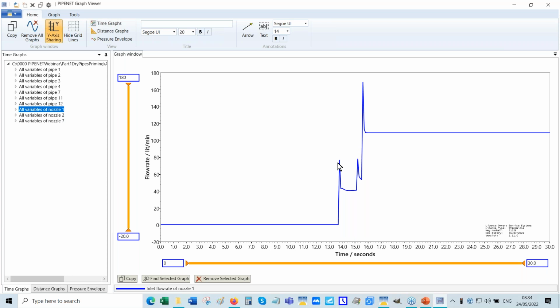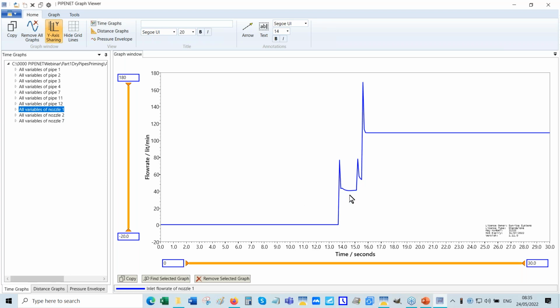You can see that there are some peaks in between. Why are there peaks? Because every time a nozzle in the system begins to deliver water, there's a little bit of a shock wave because it was delivering air initially, and that changes to water, which means that it slows down. So there is a little bit of a pressure surge, and that actually works.